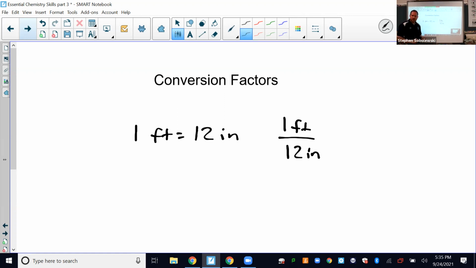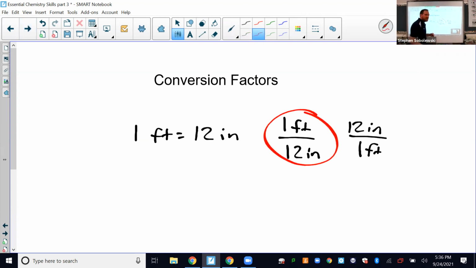Since 1 foot equals 12 inches, I'm dividing something by itself. This equals 1. I can also flip this and say 12 inches over 1 foot. That also equals 1 because they're the same thing. So if I multiply something by this, I can change its unit but not change its value.